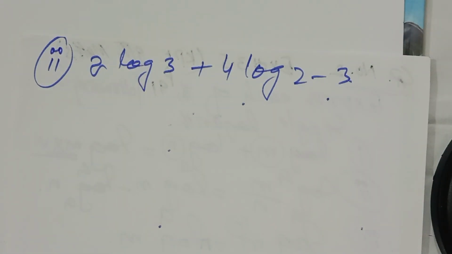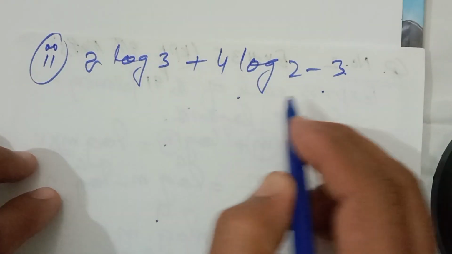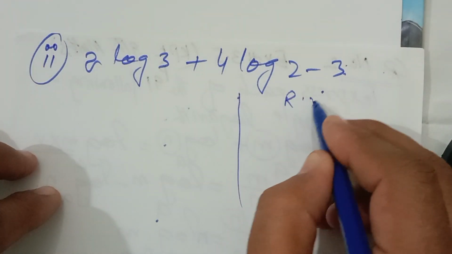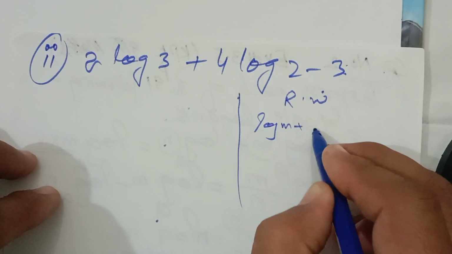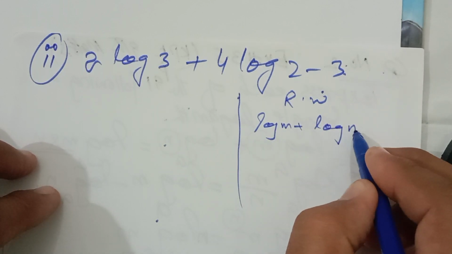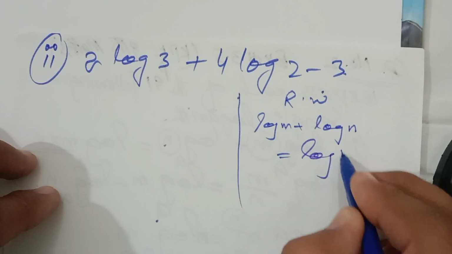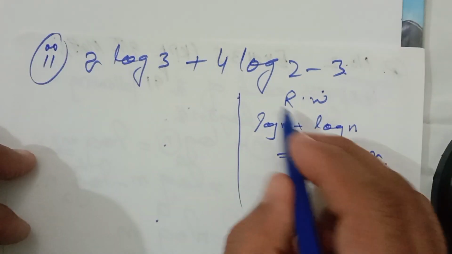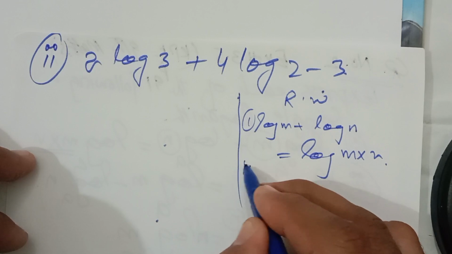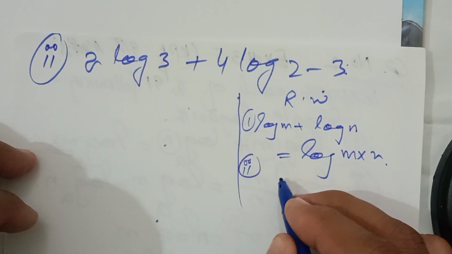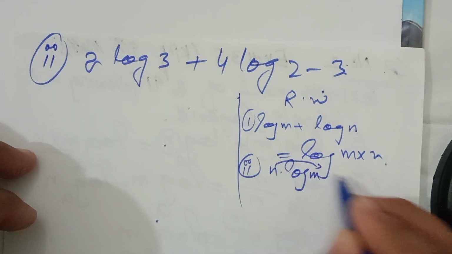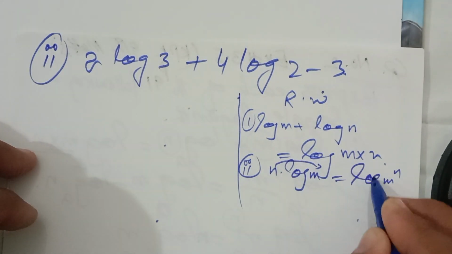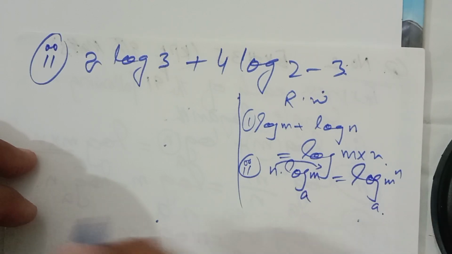So if we can write log with base a of m plus log with base a of n, we can write log with base a of m times n. But before using this first rule, we will apply the third rule. If we have n times log with base a of m, we change it into its power, m raised to power n, with the same base a.